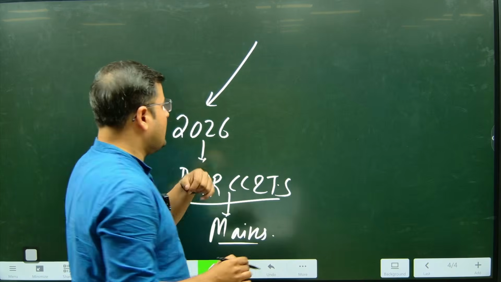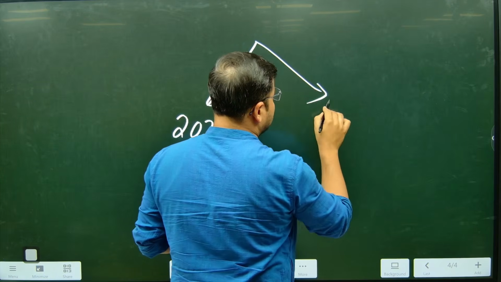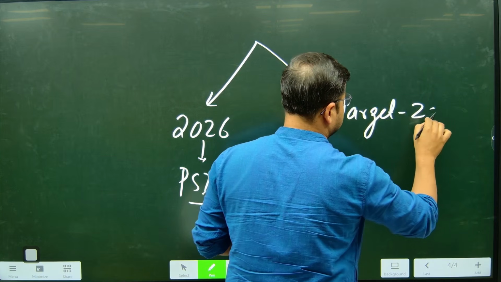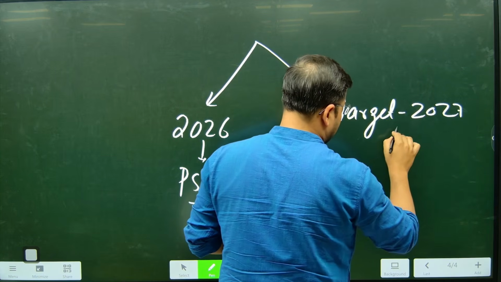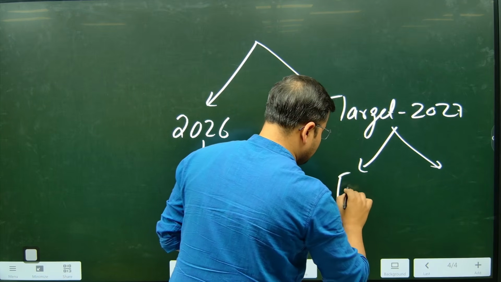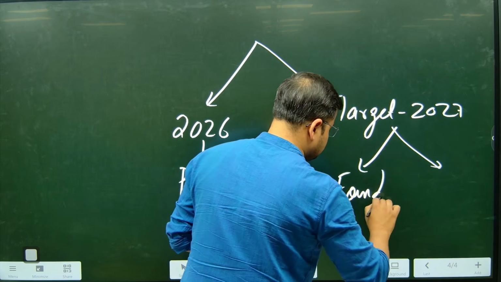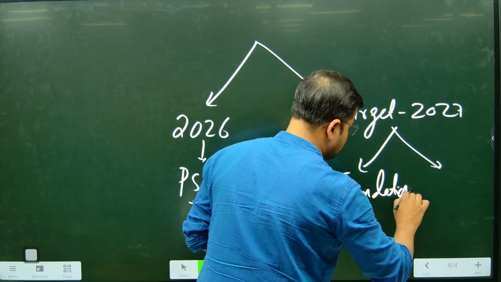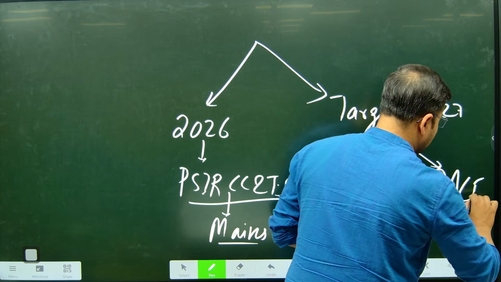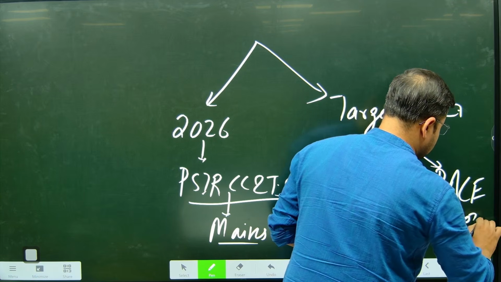And for the target year of 2027, we have two courses. The first course is the foundation course, and the second one is the PACE program 2027.